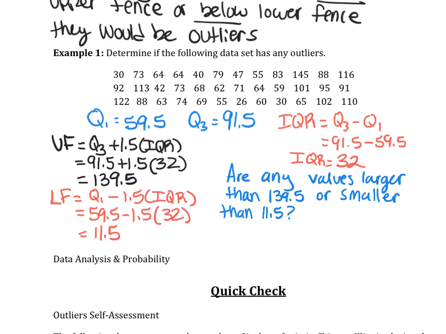So looking at our data values, do we have anything that's greater than 139.5 or smaller than 11.5? 145 is in that first row towards the end. Yes, 145 is greater than 139.5. So 145 is an outlier.